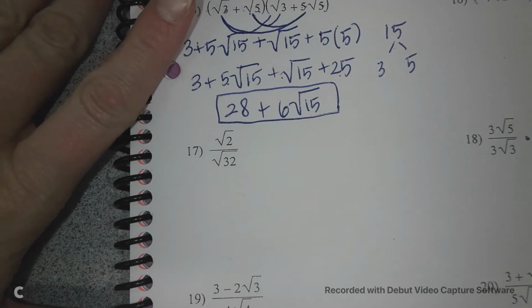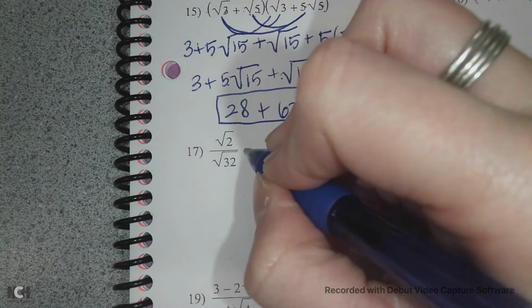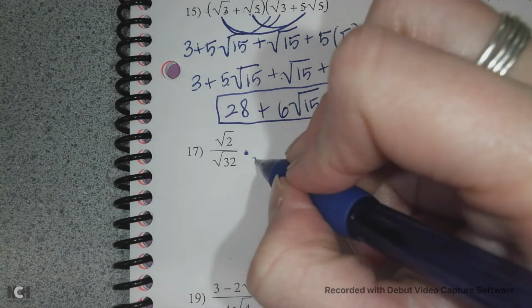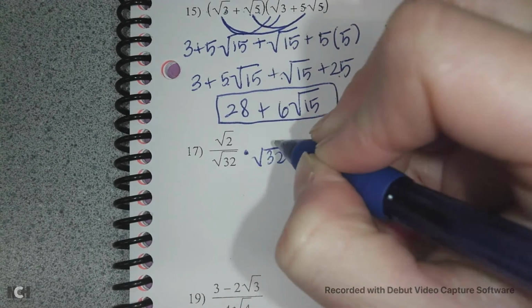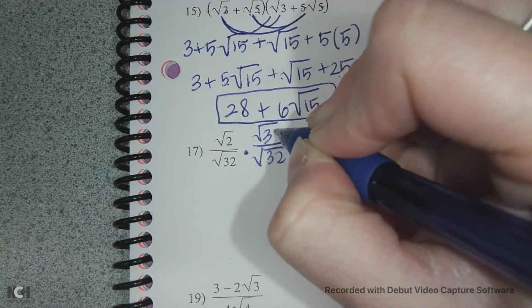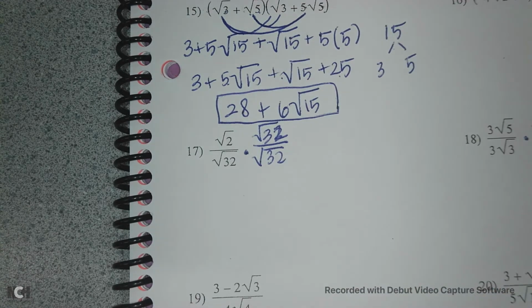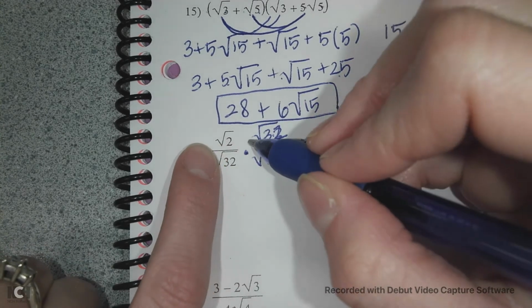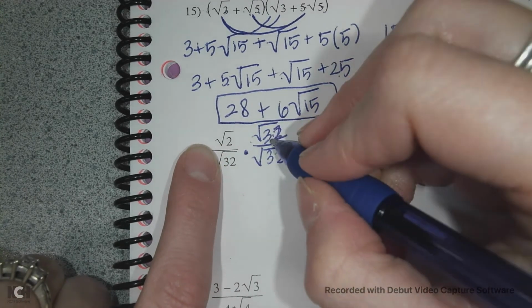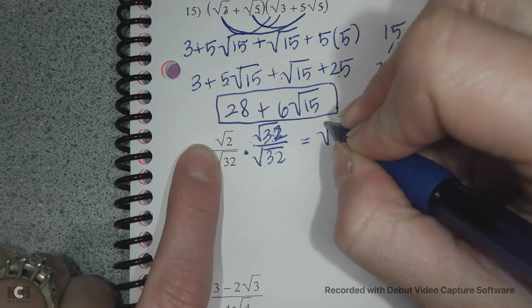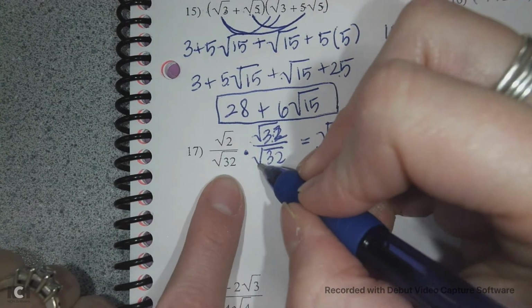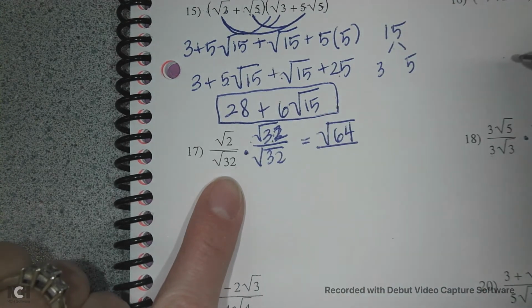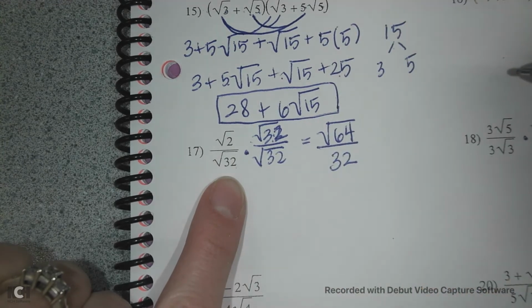Instead, we are going to do 17. You could reduce first if you wanted to, but I'm just going to multiply by root 32 because sometimes when you reduce first, then you have to multiply and then reduce again, and that's kind of annoying, so I don't want to. Okay, multiplying underneath our radicals because I have no leading coefficients, so 32 times 3 is 64, and then underneath, remember when you multiply by the same root, it's just that number.